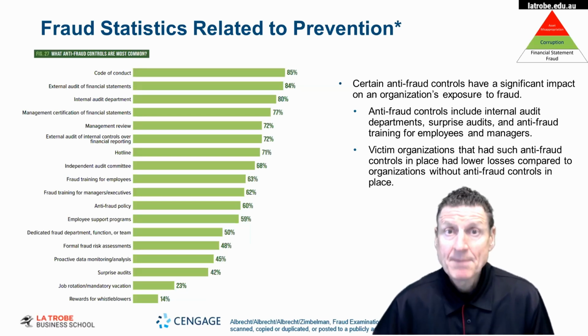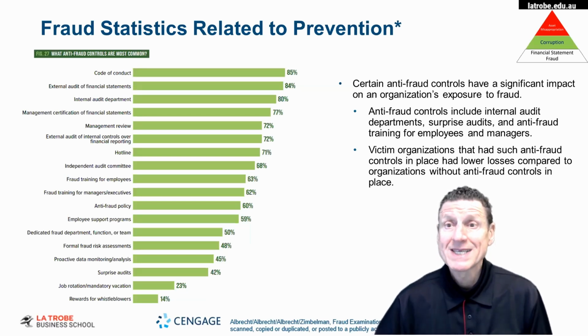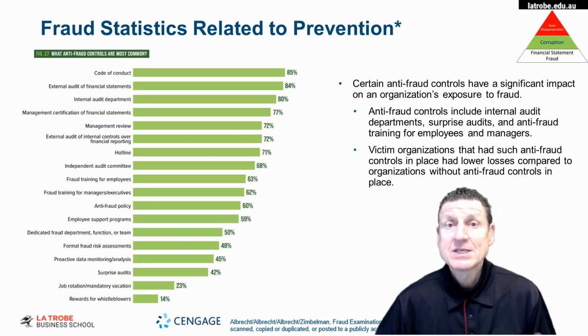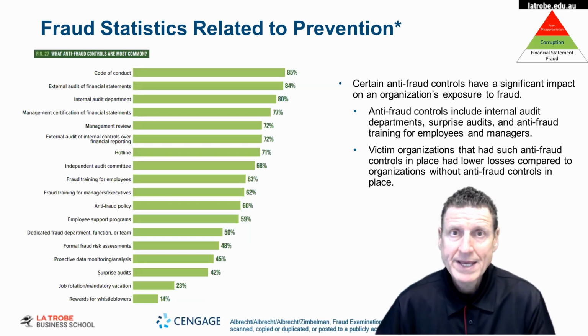As they summarize, certain anti-fraud controls have a significant impact on organizations' exposure to fraud. We can call these anti-fraud controls both prevention and detection. So the next question is, do they work? This is just showing you whether companies have these different mechanisms in place, but do they work?